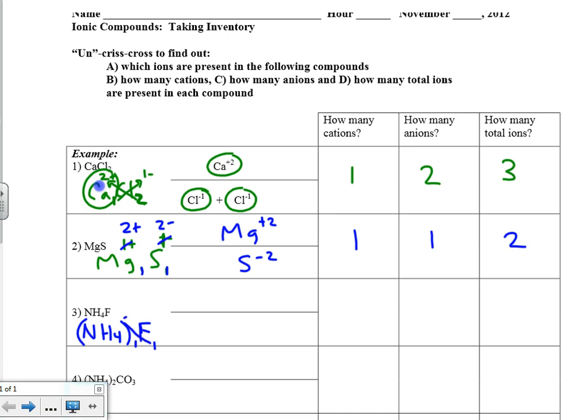If you uncrisscross, you'll see that the ammonium ion is a +1 and the fluoride is a -1. These are the expected charges for the fluoride and the ammonium ion. So from the subscripts there is 1 ammonium ion and there is 1 fluoride ion. So there's 1 cation, 1 anion, for a total of 2 total ions.